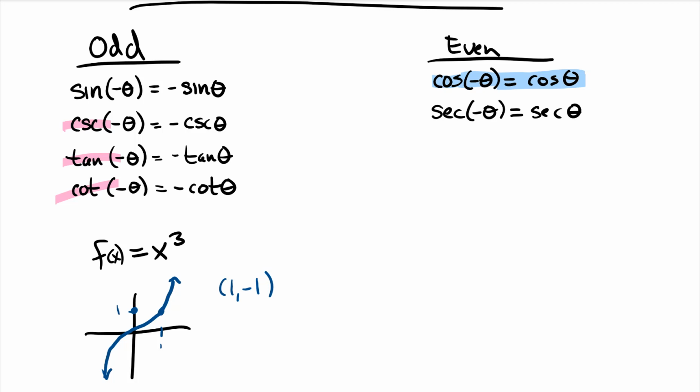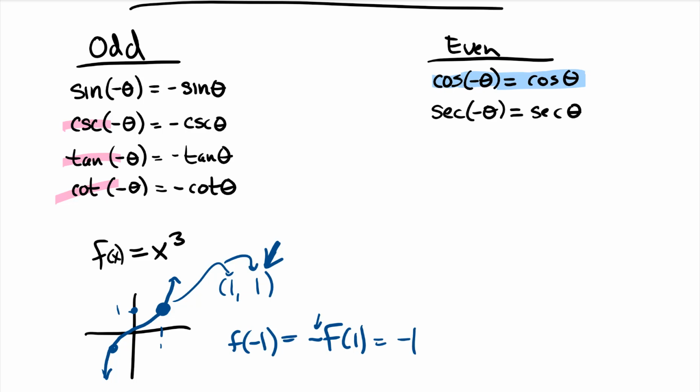So this point right here is 1 comma 1, and the other is negative 1 comma negative 1. So if I look at f of negative 1, since it's odd, I know I get the same answer as f of 1. I just have to change the sign. So it's just negative 1.